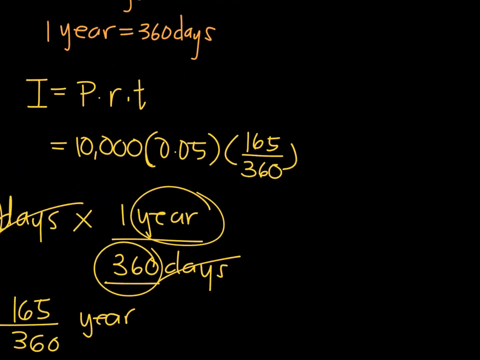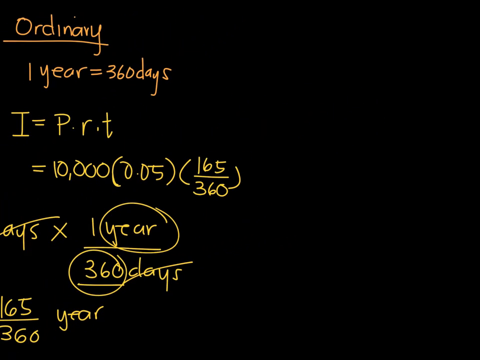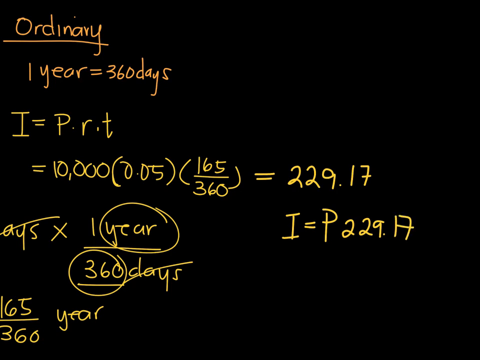And then we just do the computation. You can use a calculator to find the exact value. So this is equal to 229.16666 and so on. So we can write 229.17. So the interest is equal to 229.17 pesos.